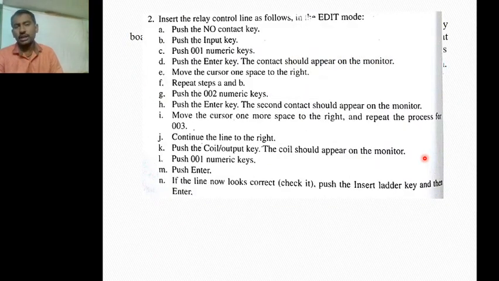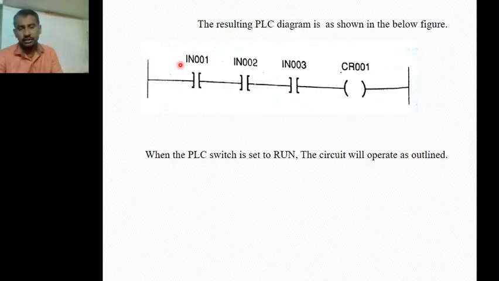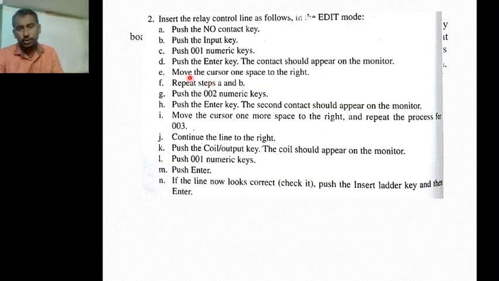Coming to the program, we already saw the programming format. Insert the relay control line as follows in the edit mode: push the normally open contact key, push the input key, and push the 001 numeral key. Then we insert IN001 and push the enter key.